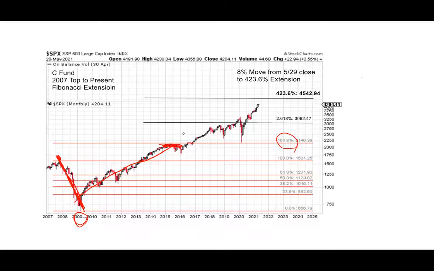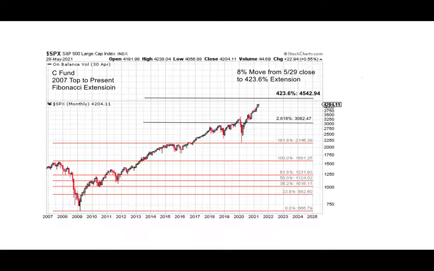Once we finally poked up above that resistance level, now we were back in business, right? But we were definitely watching to see if we were going to go down here, because this is the most common retracement level. And you can kind of see it because we had a whole lot of resistance right there at that level.